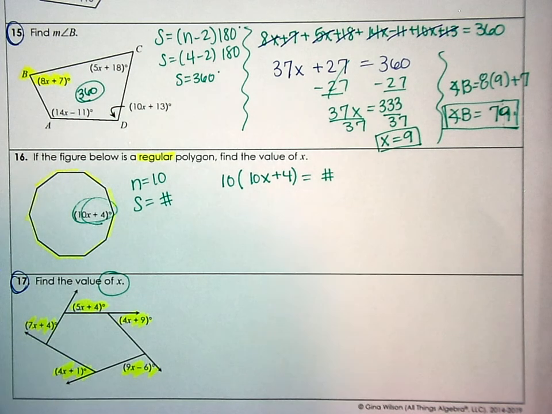If you remember, every single exterior angle will always measure 360. So all I have to do is set it equal to 360, and I'll have my answer. Because every single one of them is always equal to 360 after you add them. So that's what I'm going to do, and then get my answer.